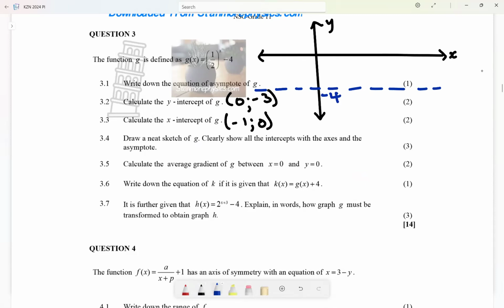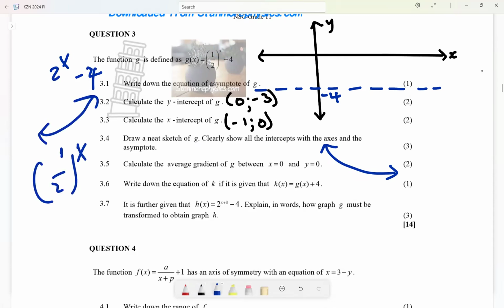Then your graph, it should be a decreasing function. Why? Because your value of a is between 0 and 1. If this was 2 to the power of x minus 4, it was going to be an increasing function. But now it is 1 divided by 2 to the power of x, so it's going to be a decreasing function. Take note. Now we have the important points 0 and negative 3, and negative 1 and 0.